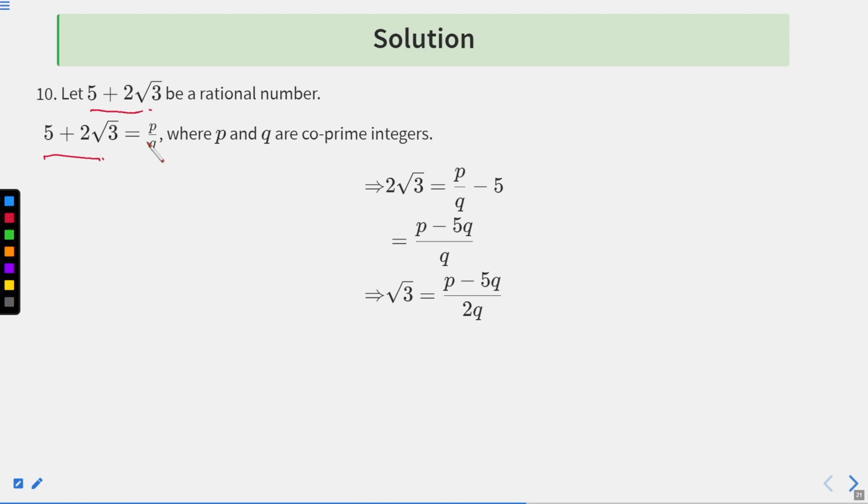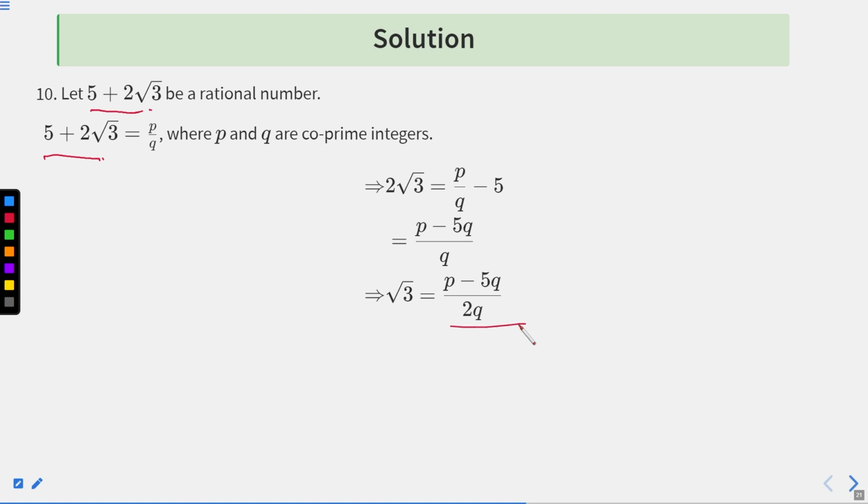Then we can rearrange this equation. 5 plus 2 times root 3 is equal to p by q. This implies 2 times root 3 is equal to p over q minus 5, which is equal to (p minus 5q) by q. If we divide this equation by 2, we get root 3 equal to (p minus 5q) by 2q.